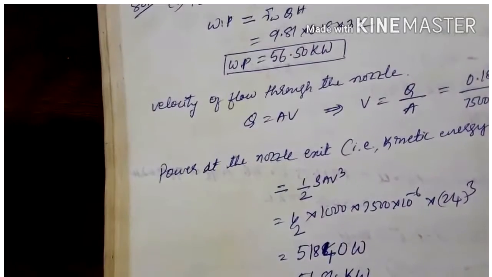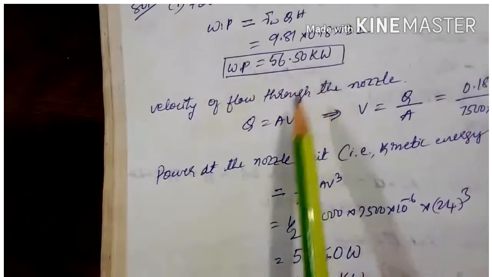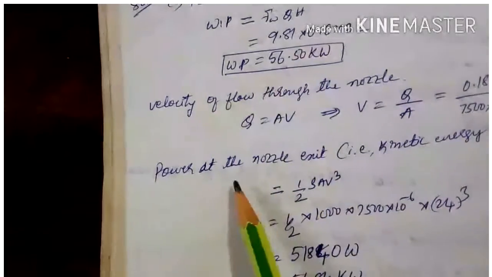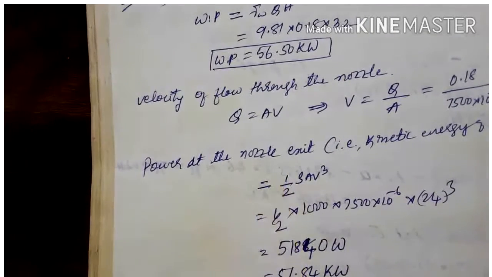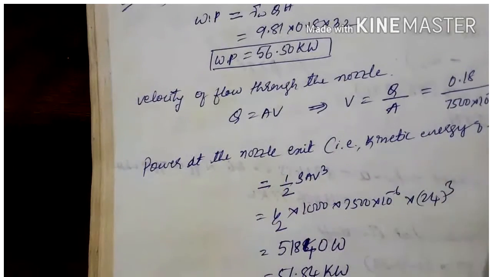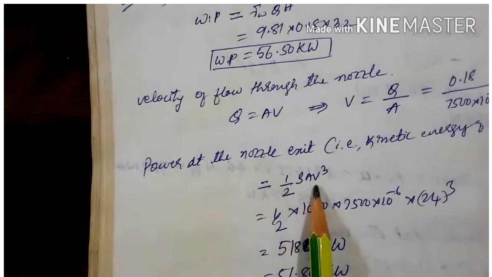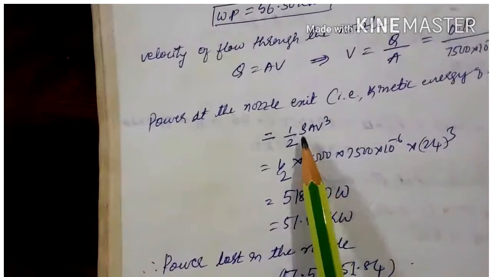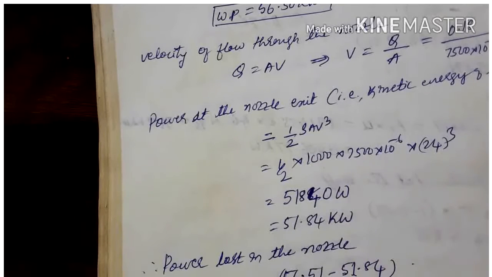Then power at the nozzle exit. The actual water power available for us is 56.5 kilowatt, but once it comes out of the nozzle, it will have certain losses at the nozzle exit. That is the kinetic energy of the jet. Then power at the nozzle exit will be half rho A V cube, where rho is 1000, the density of water, then the area of the jet, then the velocity.